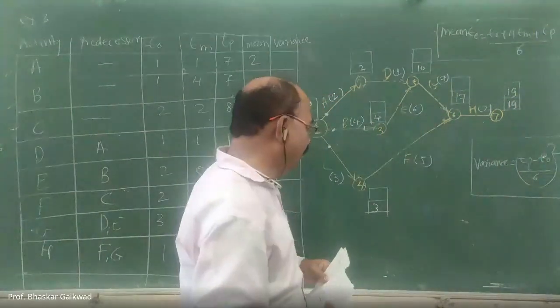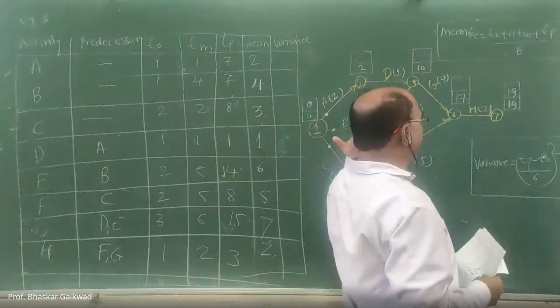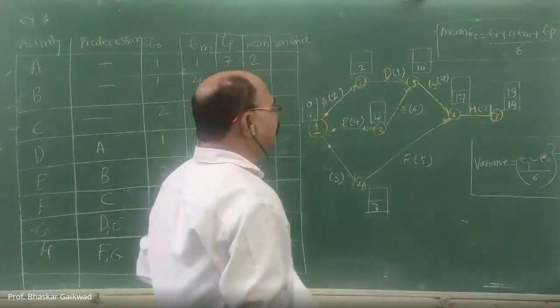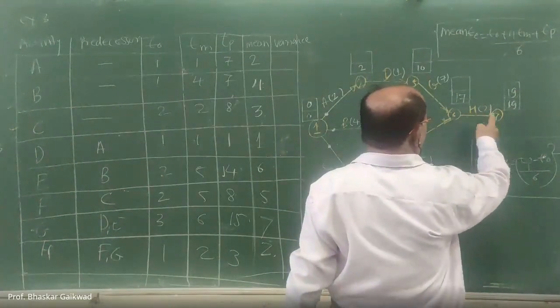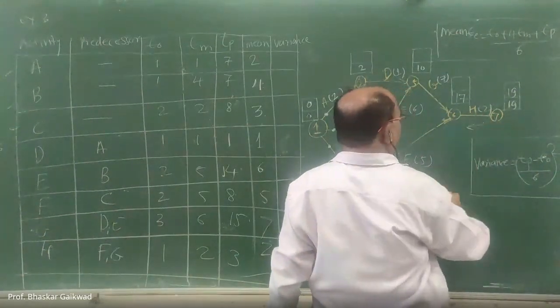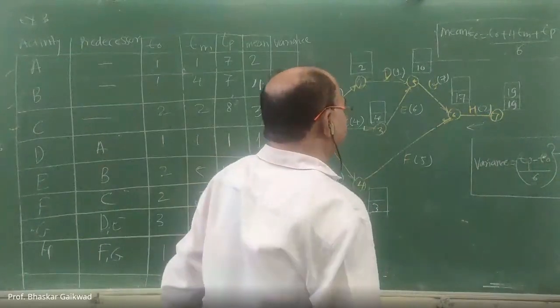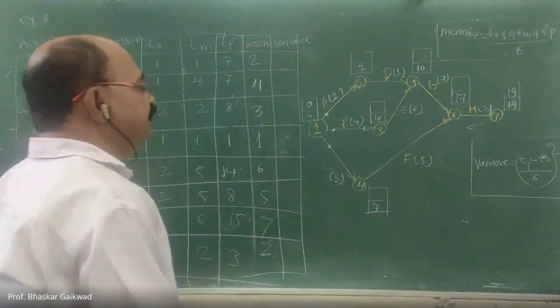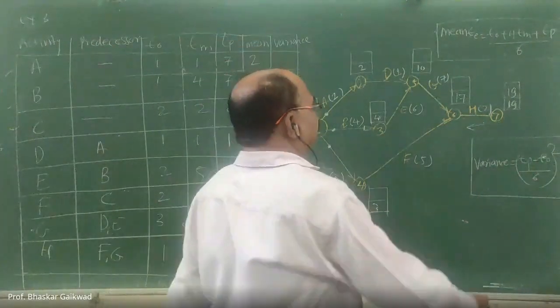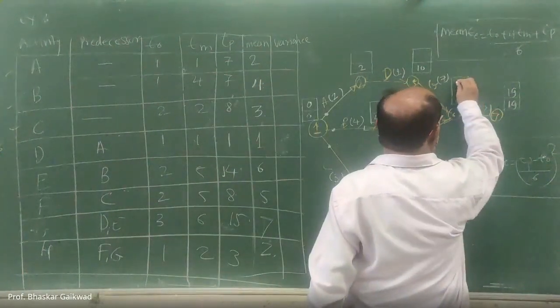Now come back to the backward path. So in this direction you are coming. Then the earliest, this minus duration. So how much there? This 17. So 19 minus 2, here it is 17.